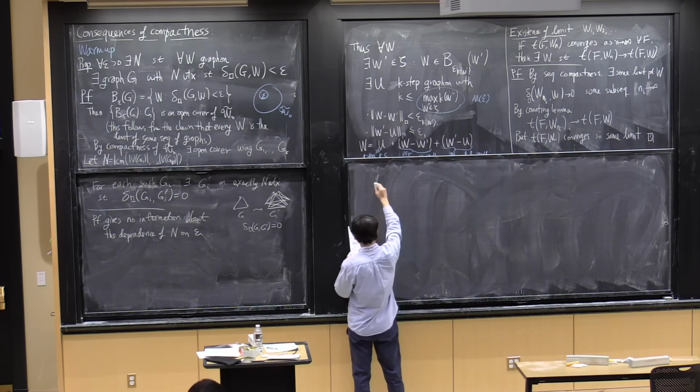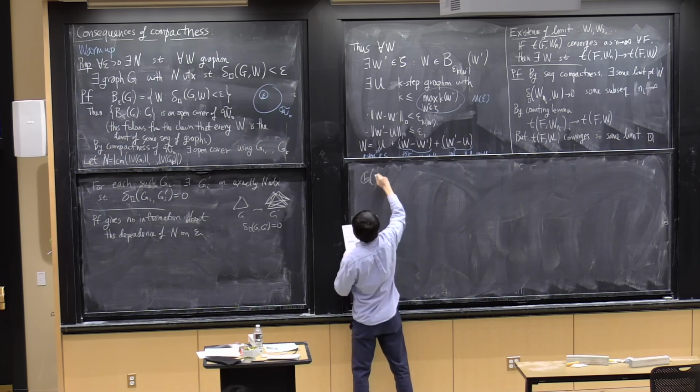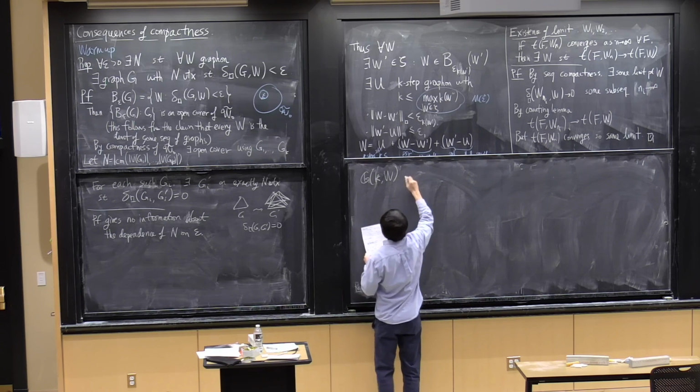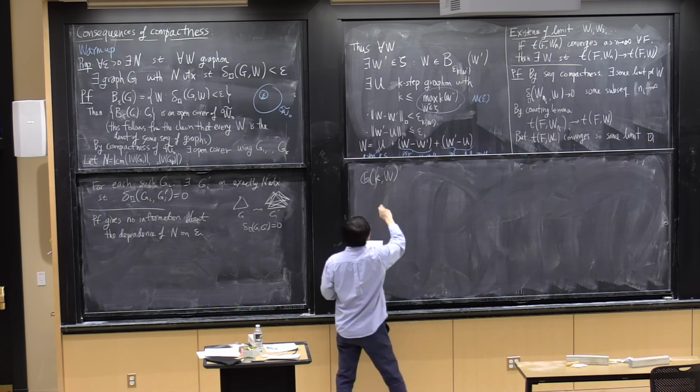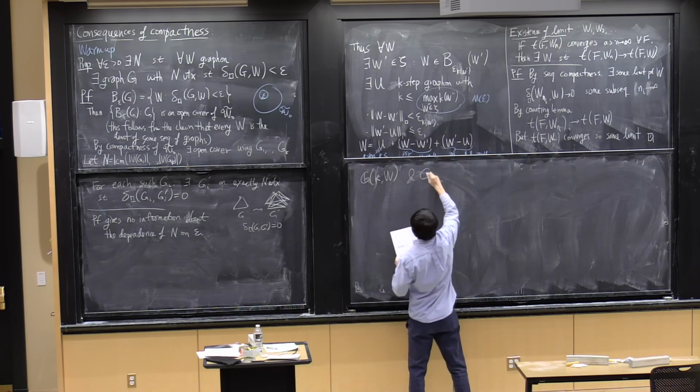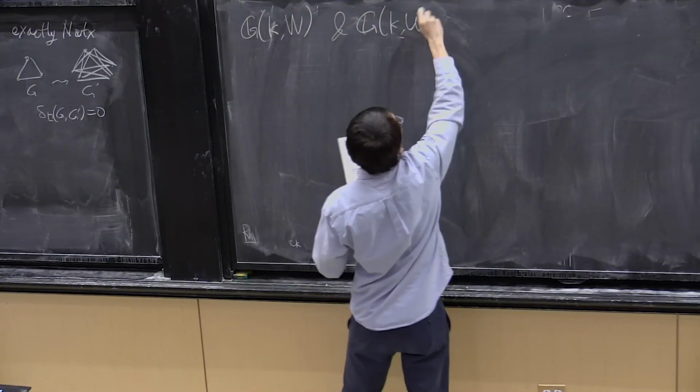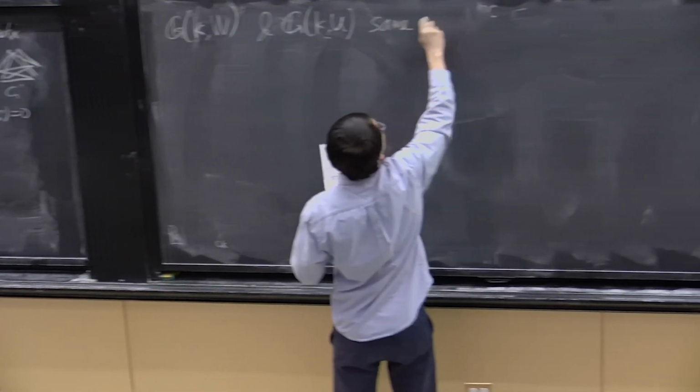In particular, the W random graph and the U random graph have the same distribution.